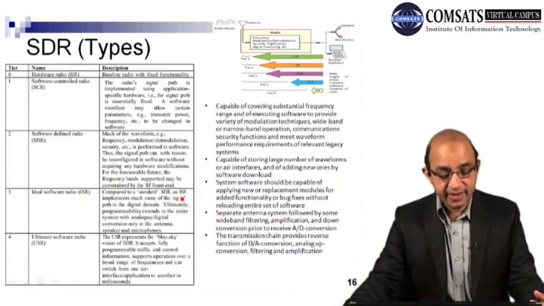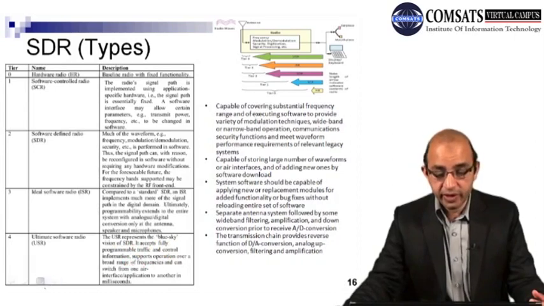Standard SDR and ISR implements much more of the signal path in the digital domain. And then we have the ultimate software defined radio, USR, which represents the blue sky vision of SDR: fully programmable traffic and control information. So here you can see that we have these tiers and the software part.